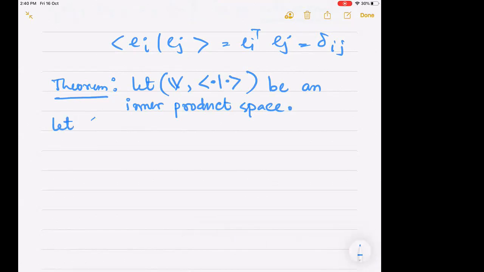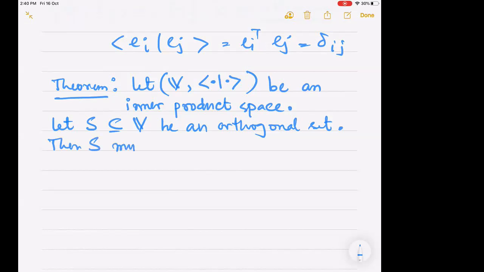Let S in V be an orthogonal set. Then S must be linearly independent. You remember the definition of linearly independent? It means you take any finite linear combination of distinct vectors in S. If it is 0, then all the coefficients must be 0. Only the trivial linear combination of distinct vectors in S can take it to 0.